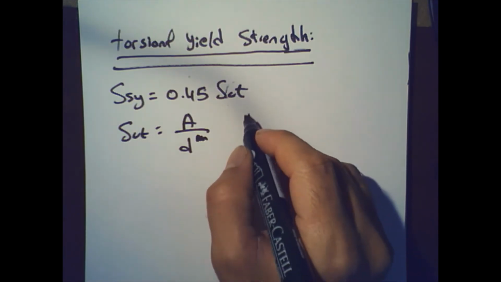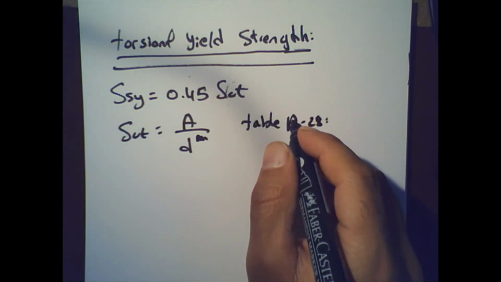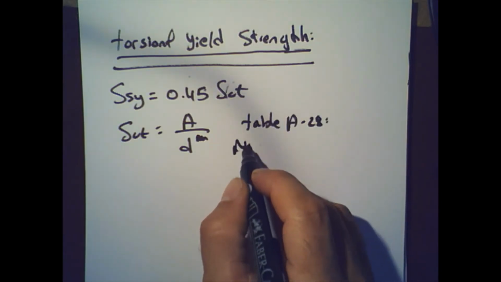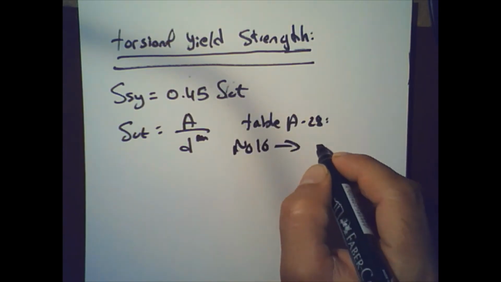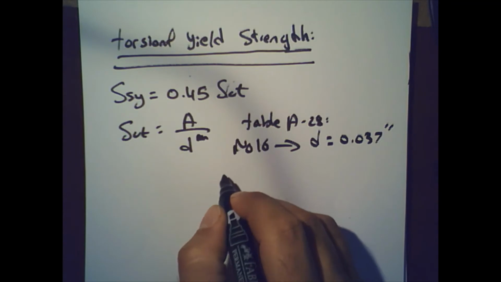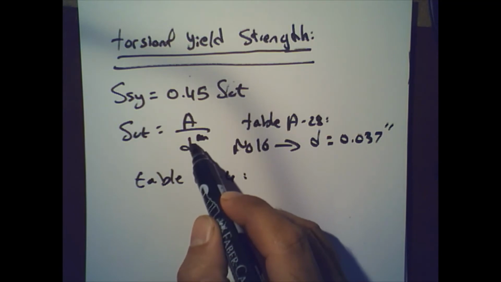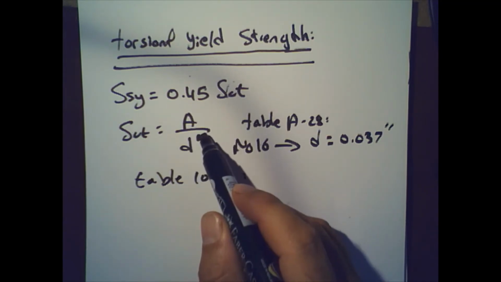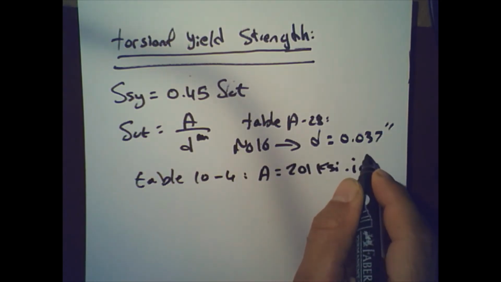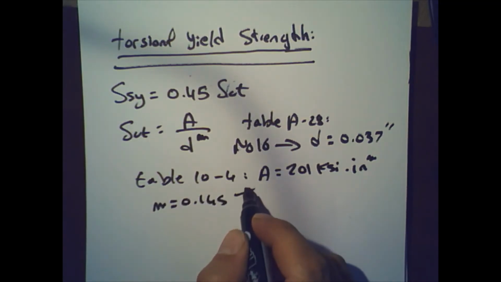So from table 10.28 in my notes, essentially you can find based on this wire diameter. So number 16 will give you diameter equal to 0.037 inches, and from table 10.4 we can get A and also m. So A is equal to 201 ksi inch to the power m, and m was equal to 0.145 also from that table.